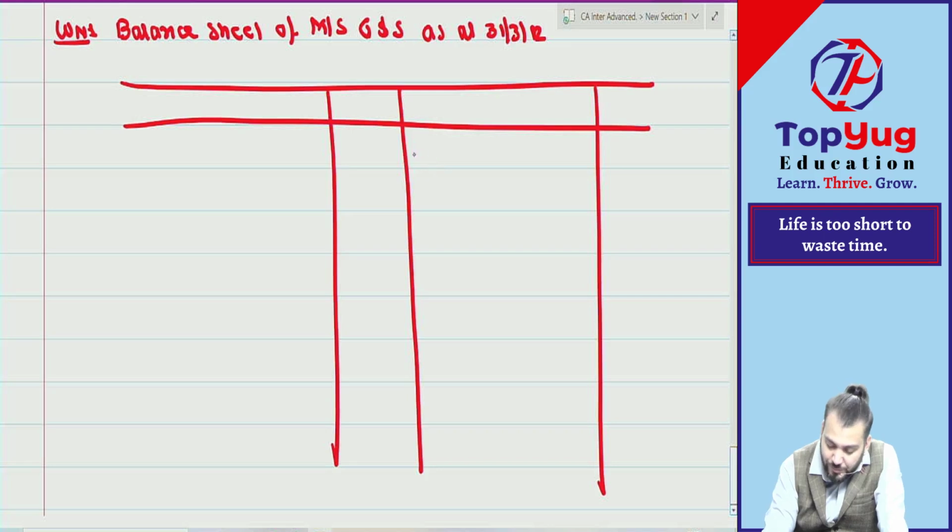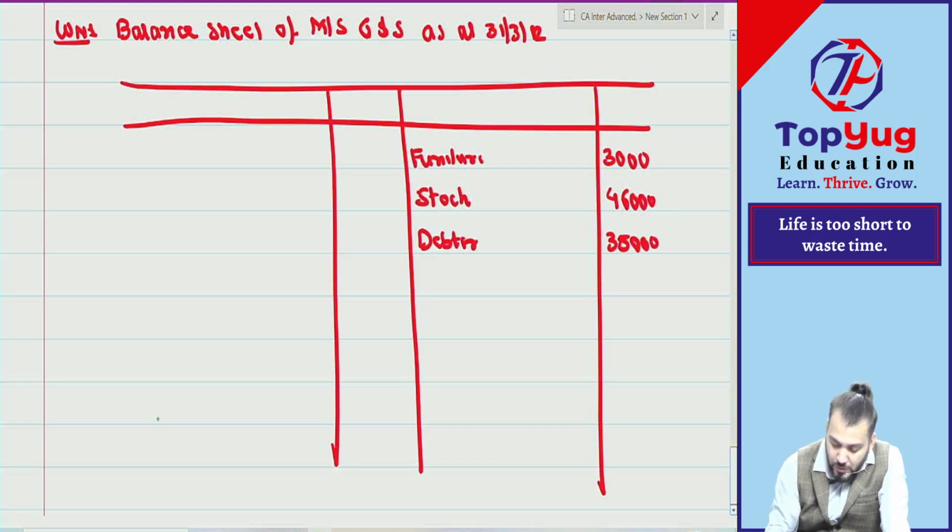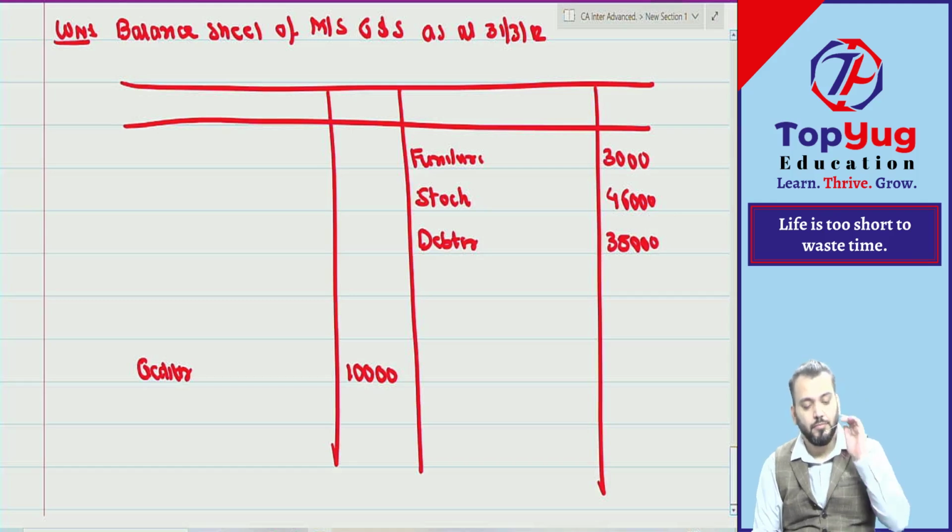Assets taken over: furniture, how much? 3,000. Then stock, how much? 46,000. Debtor, how much? 35,000. And creditor, how much? 10,000. Correct.